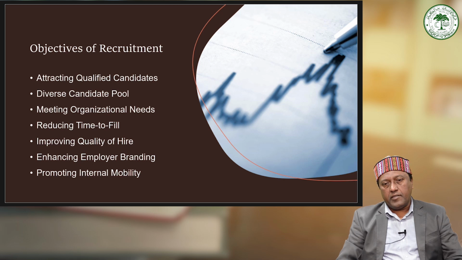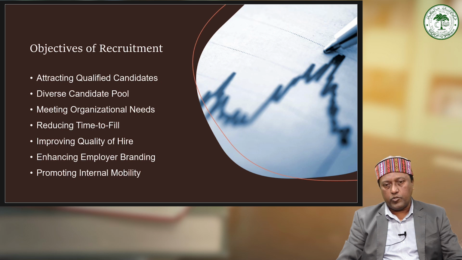So one more important objective is again the diverse candidate pool. This is another objective of recruitment, to ensure diversity. What is important is you should never have people of one orientation or from one language or from one place, because that will ultimately lead to inbreeding sort of thing. When people are all from the same places, speaking the same language, from the same institutions, it becomes stagnant, or it doesn't give a good feel factor.